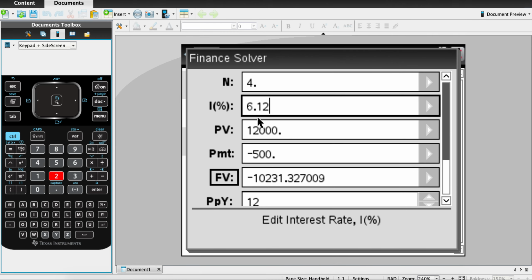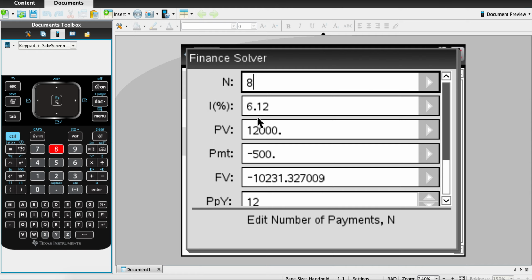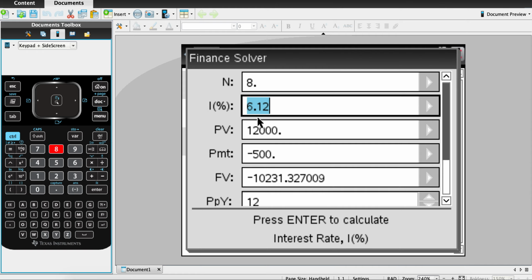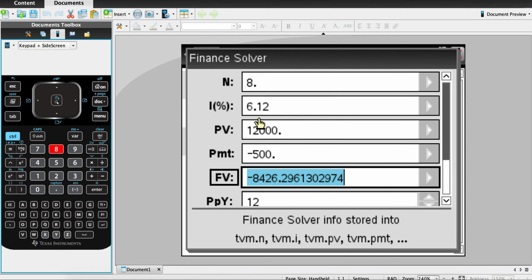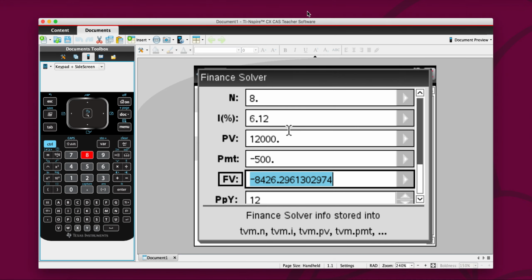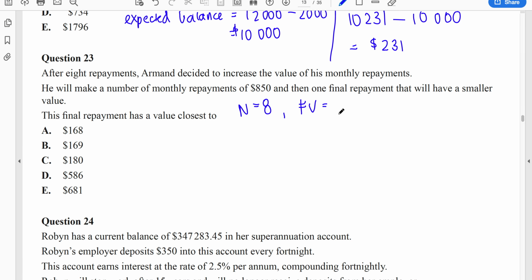I'm just going to scroll up here to change that to 8 and then have a look at what he owes. It's 8,426.